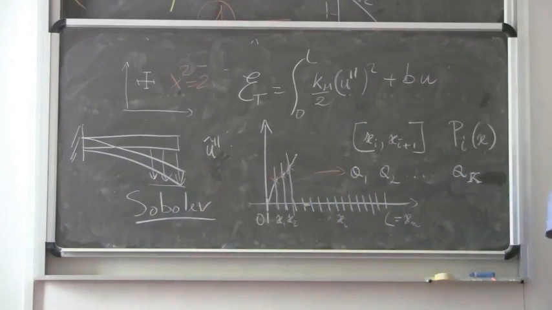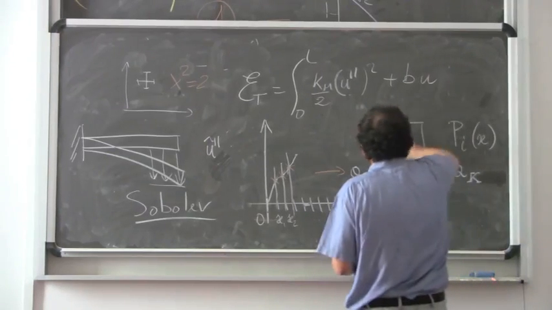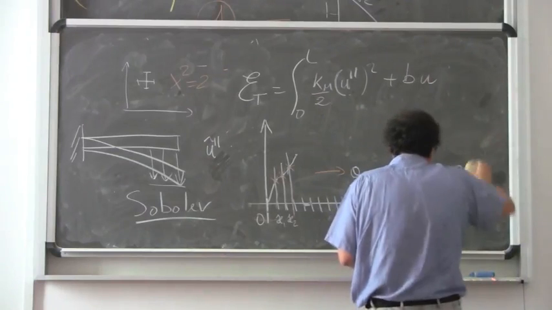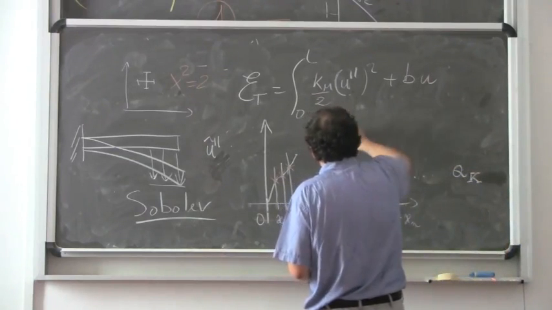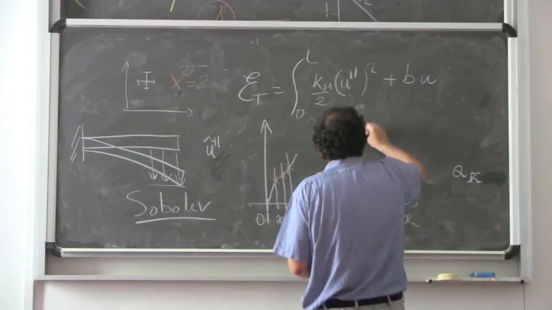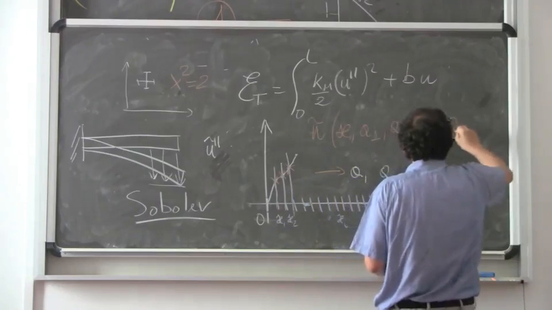When you have chosen A1, A2, AK, you have a tentative solution, a candidate approximation of your solution. So you have u tilde, which is a function of x, of A1, A2, AK.